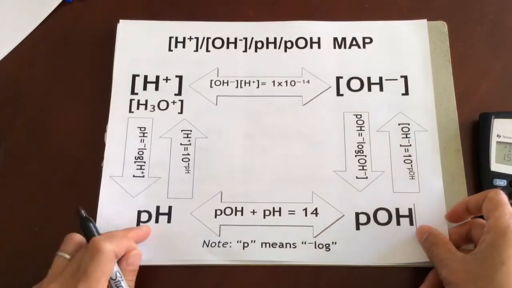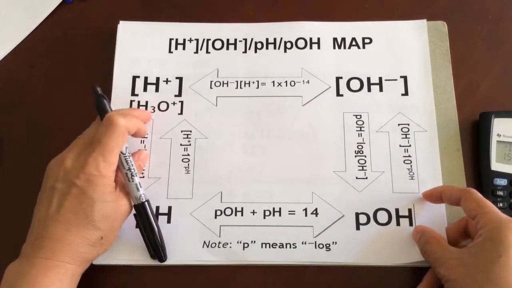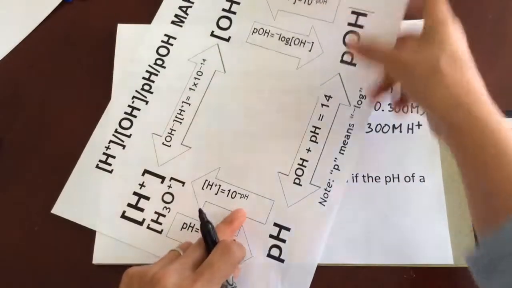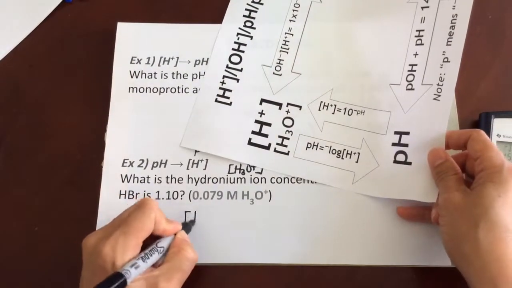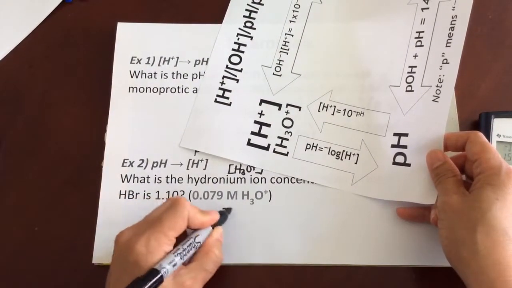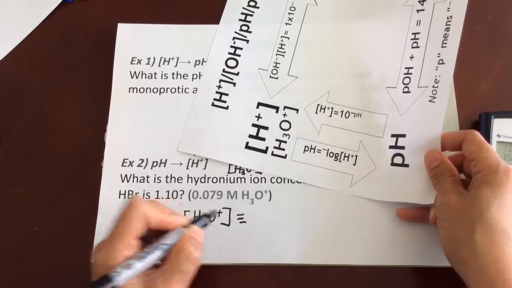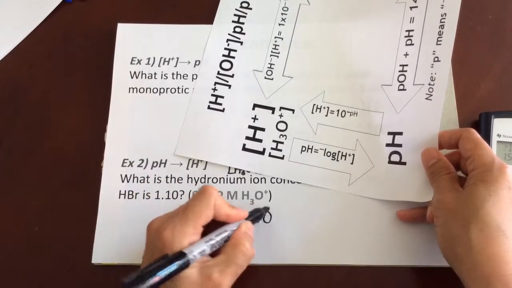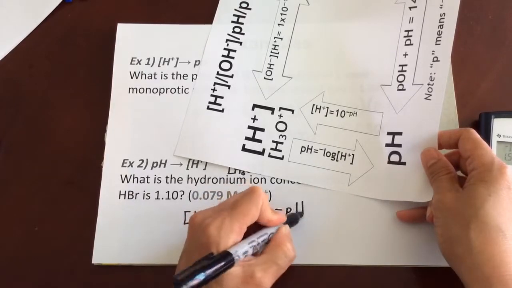You're given the pH, and you want to go to the hydronium ion concentration. The equation you're going to use is H3O+ is equal to 10 to the negative pH.